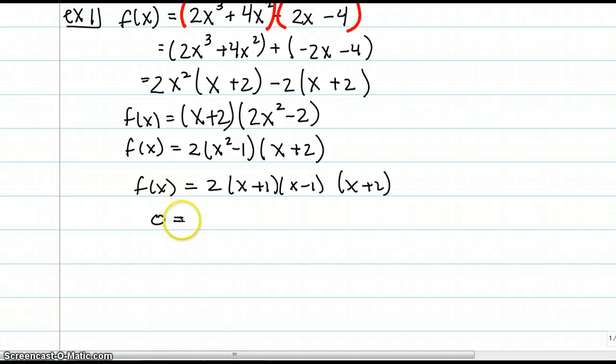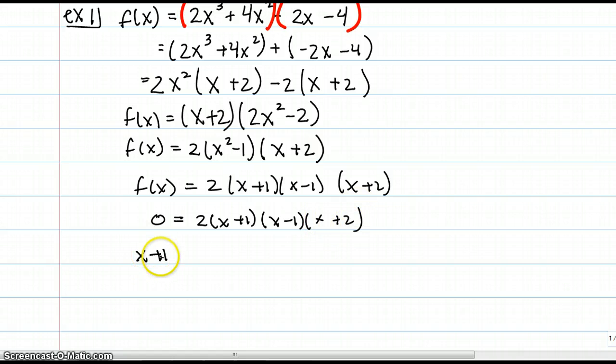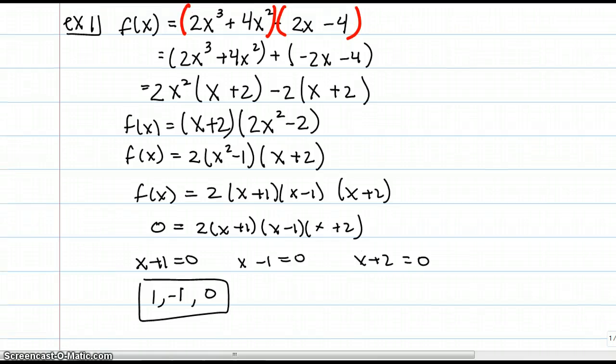If I set this equal to 0, I can then set each factor equal to 0. So x plus 1 equals 0, x minus 1 equals 0, and x plus 2 equals 0. So my zeros are 1, negative 1, and 0. Those are the zeros of the given function.